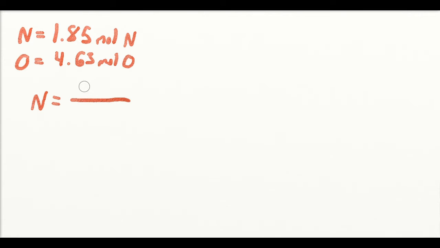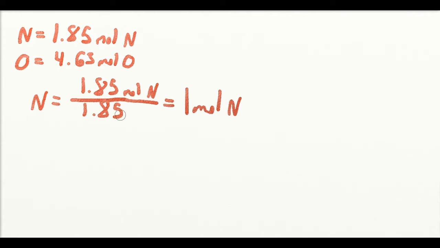You're going to do 1.85 over 1.85. It is going to be 1.85 moles of nitrogen over just the smallest number. So 1.85 over 1.85 ends up being 1 mole of nitrogen, because any number over the same number is 1.